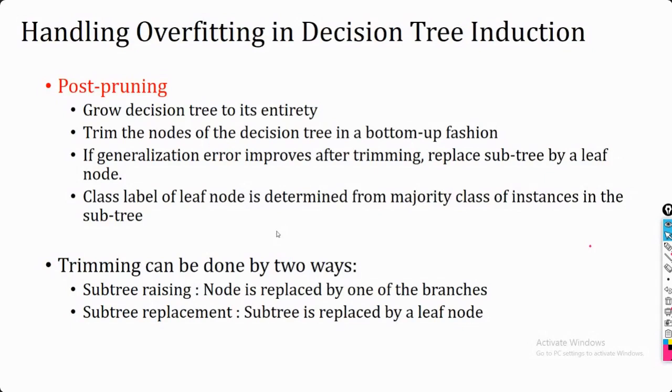There are two ways to do this task: subtree raising and subtree replacement. In subtree raising, we replace a node with one of its branches, and in subtree replacement, we replace the subtree with a leaf node.